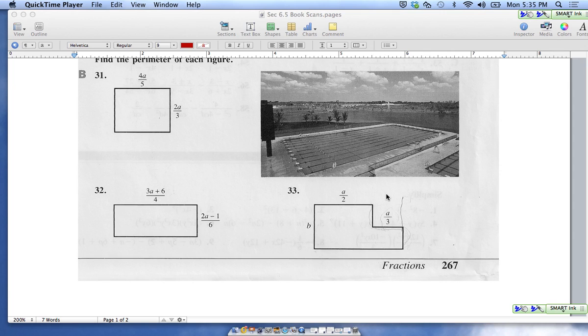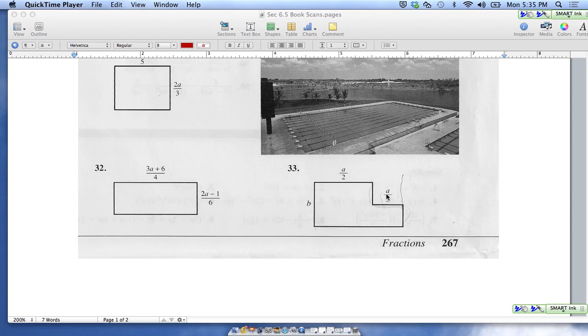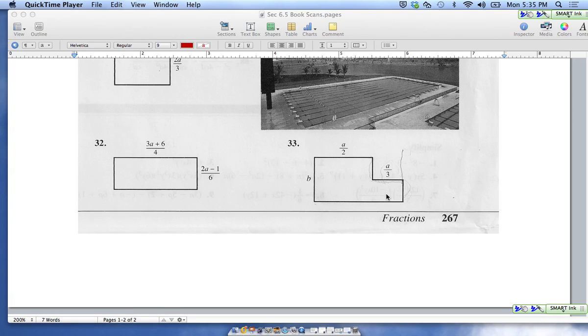Let's look at number 33 on the video. Number 33 uses a little bit of geometry and a little bit of finding the common denominator. In number 33, I have the back wall here, which is b, and then the opposite side is also b.